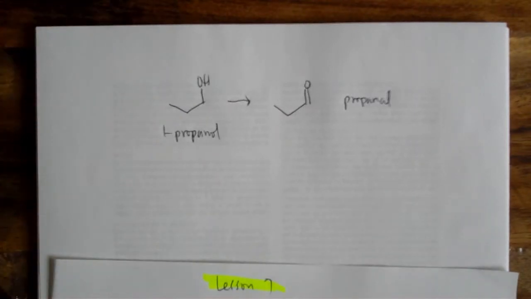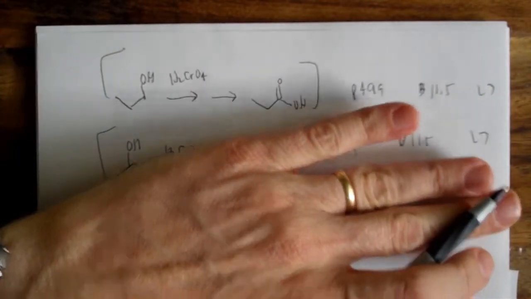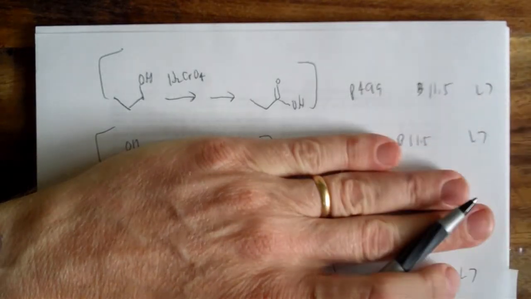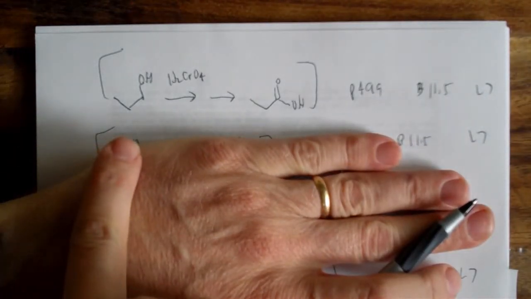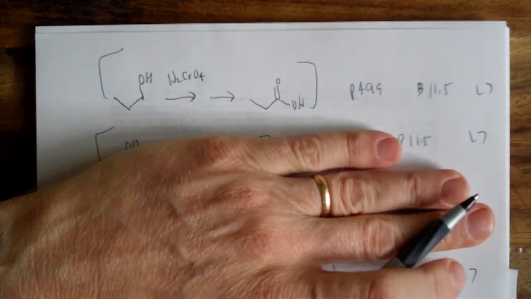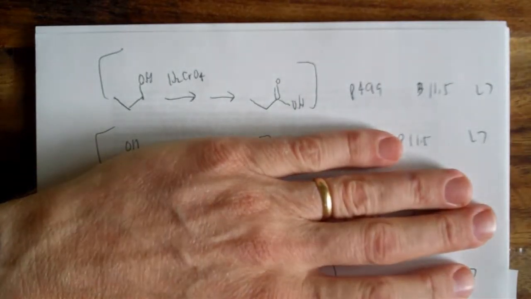Okay, so for example, this first reaction that we have in Bruce is on page 499. It's section 11.5, lesson 7. It's 1-propanol, and it's chromic acid. So can you see a bunch of oxygens right there? Okay, so look out for that, a bunch of oxygens.